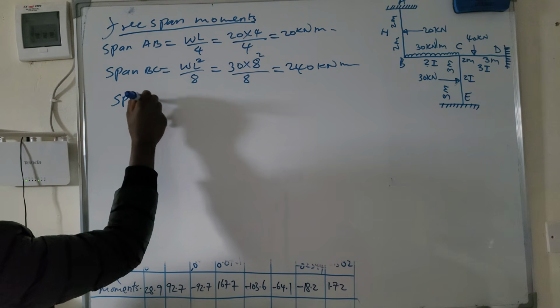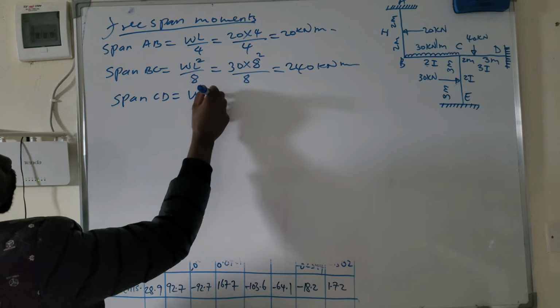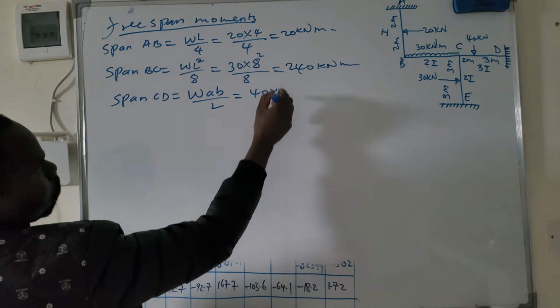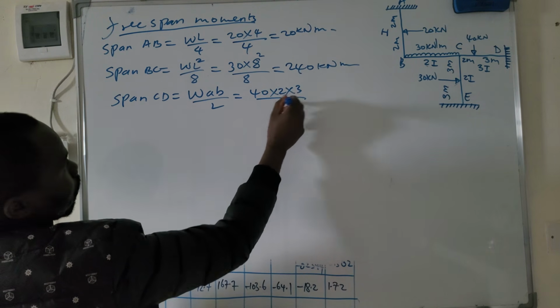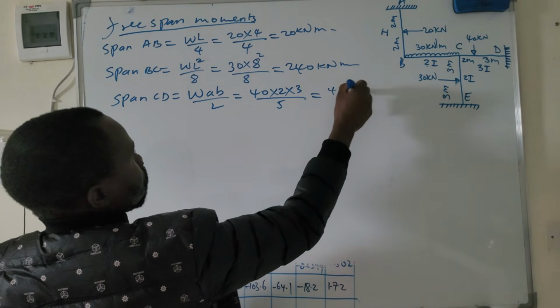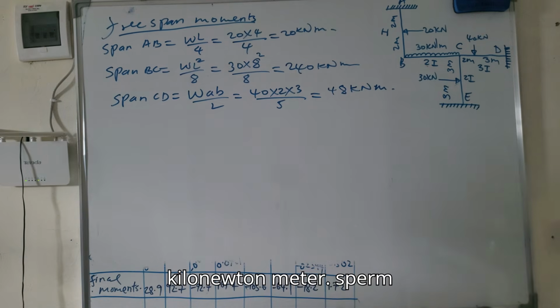For span CD, the formula is WAB over L. So the W is 40, A is 2, B is 3, L is 5. So the answer is 48 kilonewton meter.